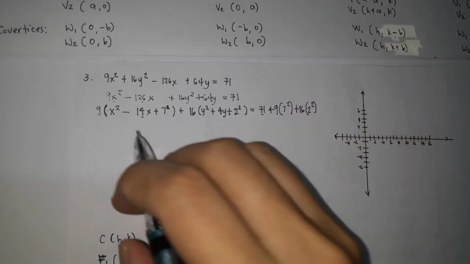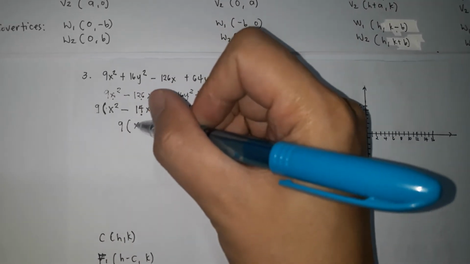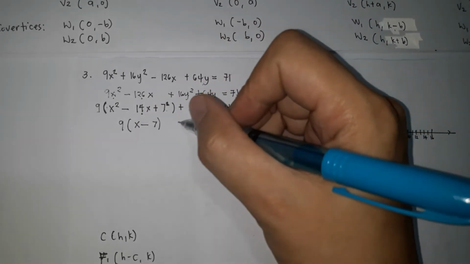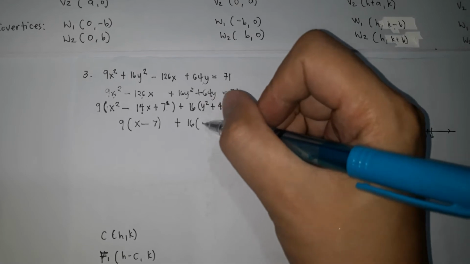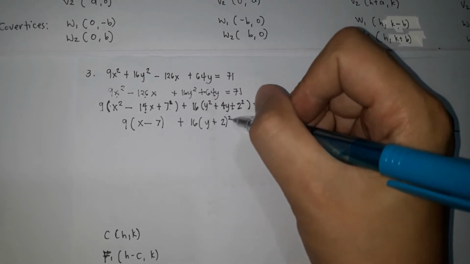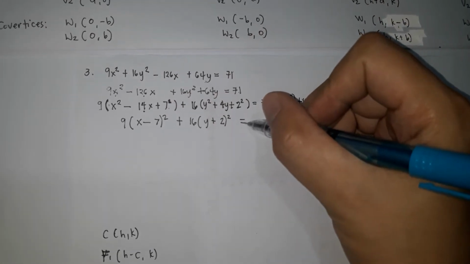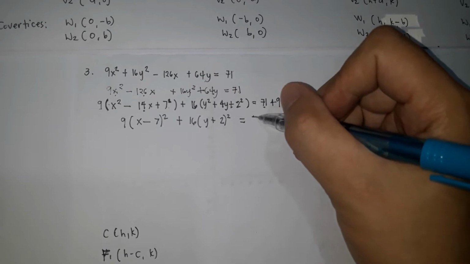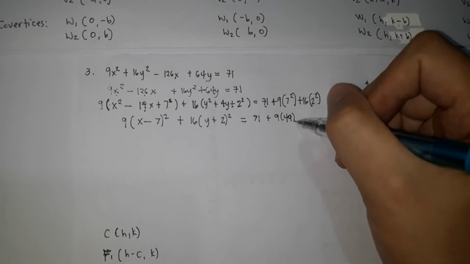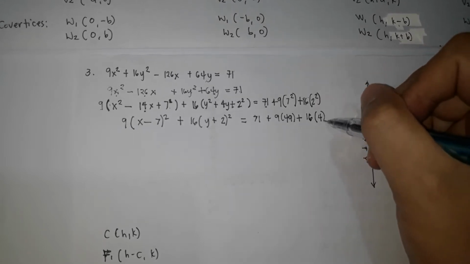So, if you factor it, it is 9 times x minus 7, plus 16 times y plus 2, squared is equal to 71 plus 9 times 49 plus 16 times 4.